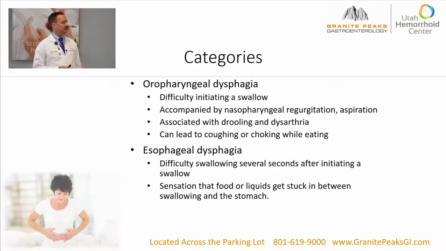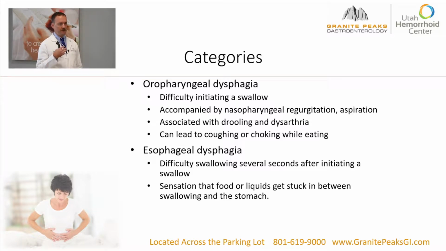So as I mentioned briefly at the beginning, there are two broad categories of dysphagia. The first is called oropharyngeal dysphagia. Now that represents a problem initiating the swallow. So it frequently is associated with other symptoms that would tend to suggest this problem.